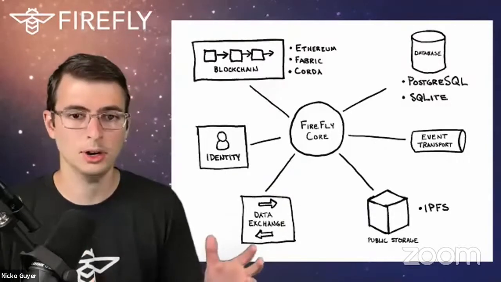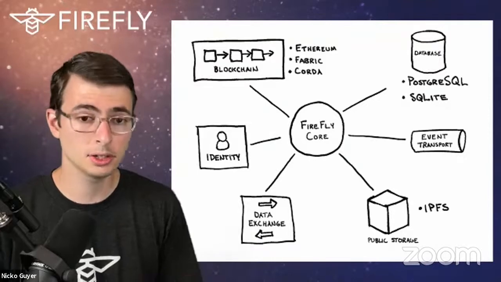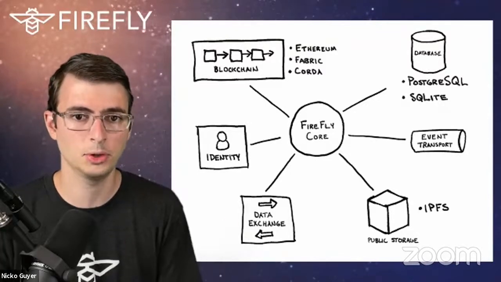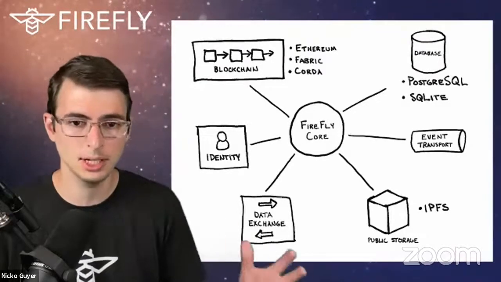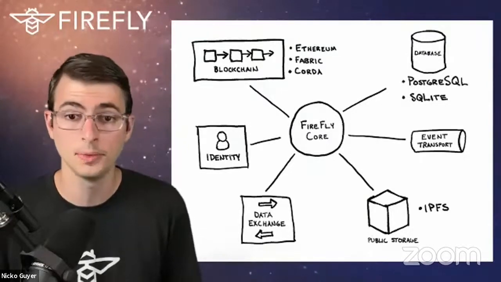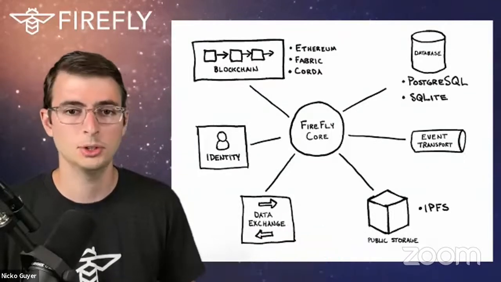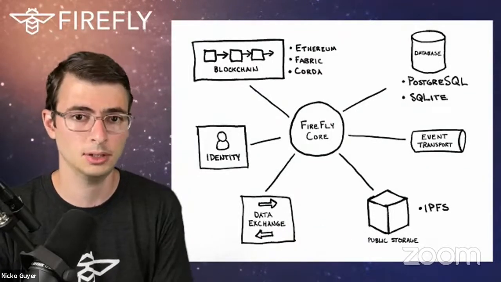And all of those parts are swappable via plugins. And so it's extensible, it's customizable if you have specific needs for a certain technology that may be optimized in a different way than an alternative. You can write a connector to connect to that plugin very easily.